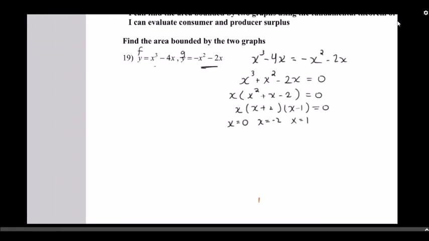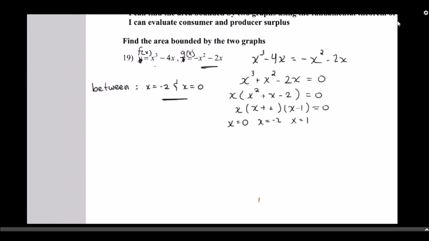So between, let's say between x equals -2 and x equals 0. Again, I'm going to call this the f of x function. I'm going to call this one the g of x function.